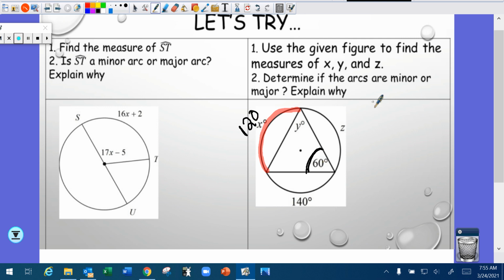So x is equal to 120. On the next one, this is the intersecting arc for this angle. That's an inscribed angle. I know this is 140, so to get y, I'm going to take half of it, and it's going to be 70.